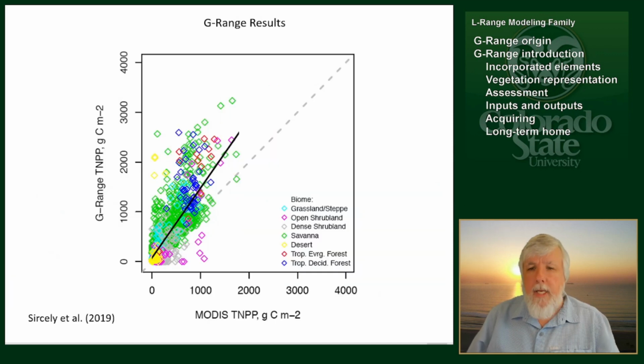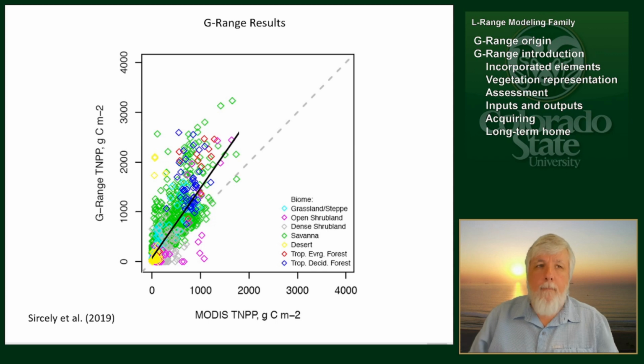Assessments follow. That is part of the modeling process. For example, Jason Sircely took the lead in comparing G-range model results to a whole suite of on-the-ground measurements. There's a database that stores estimates of net primary production, for example, and so he could compare those to G-range estimates. And in general, it agreed favorably.